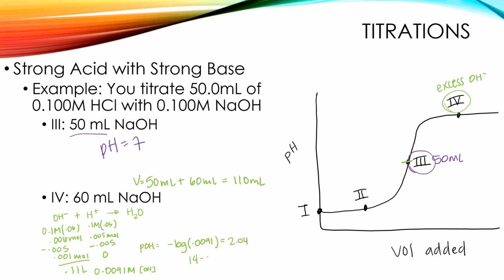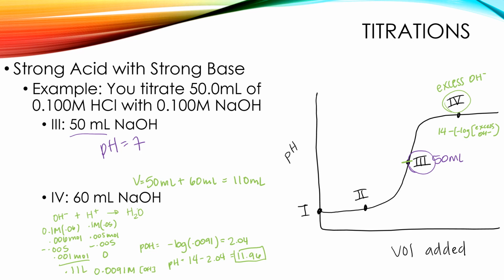So then 14 minus that is my pH. So for region 4, we just have to do 14 minus the negative log of excess hydroxide. So nothing complicated, just taking care, turning it to moles, doing the reaction, turning it back to molarity.